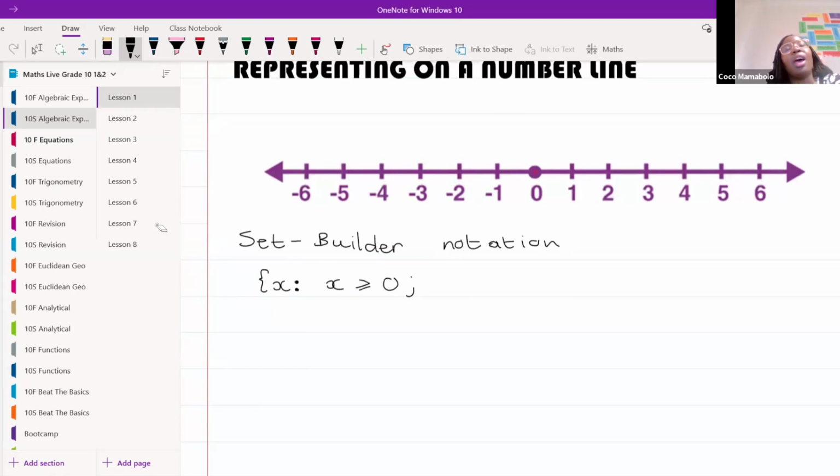But this time, I want x to be an element of real numbers. Now, if I want to express this, let's start over here. Am I going to draw an open or a closed dot? Open or closed dot? What do we think? Good, Omi, that's it. Closed dot, right. We're going to draw a closed dot. Who can tell us why? Why are we drawing a closed dot?